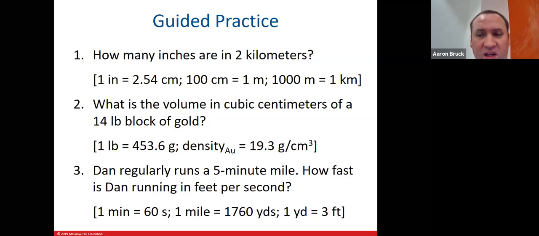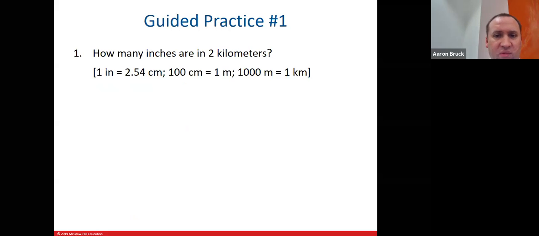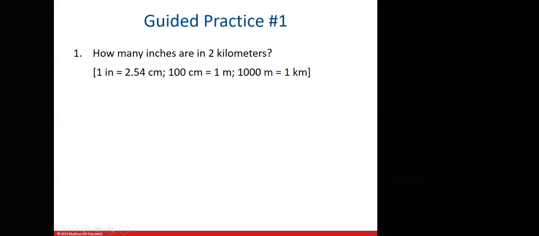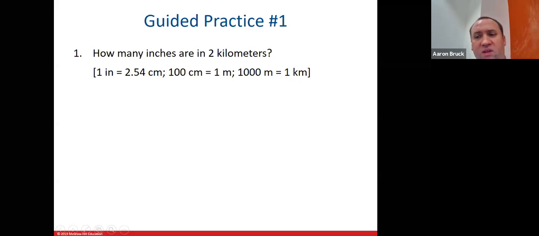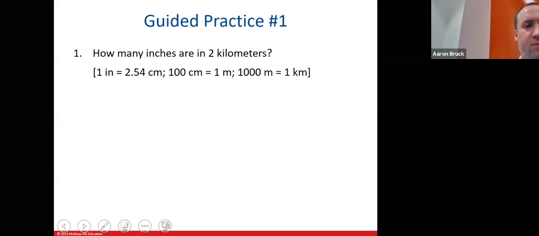So let's look at them individually here. First one, how many inches are in 2 kilometers? The way I'm going to do this, again, we set up what we know and what we don't know yet. So I have 2 kilometers.